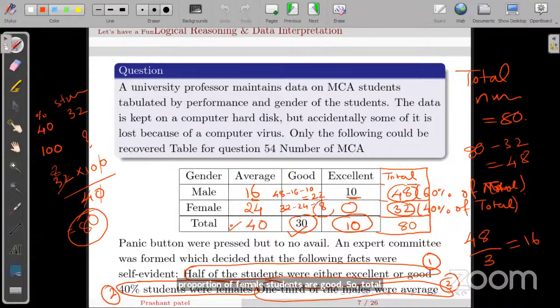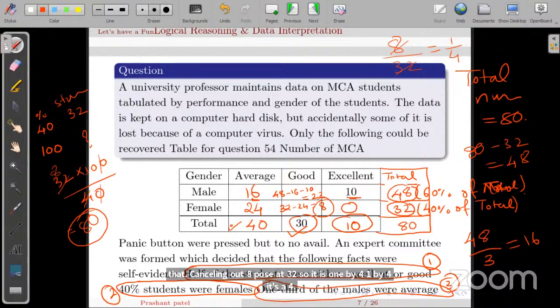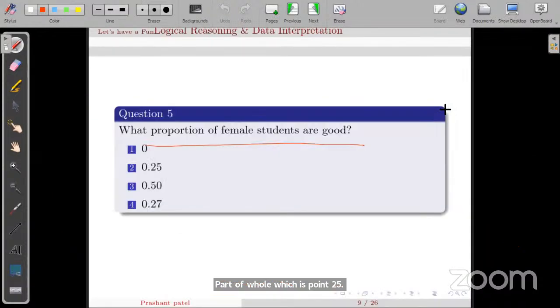Out of them, 8 are good. So 8 divided by 32 is the proportion, and cancelling out, 8 fours are 32, so it is 1 by 4. 1 by 4 is a fourth part of the whole, which is 0.25. Okay, so 0.25 is the correct one.